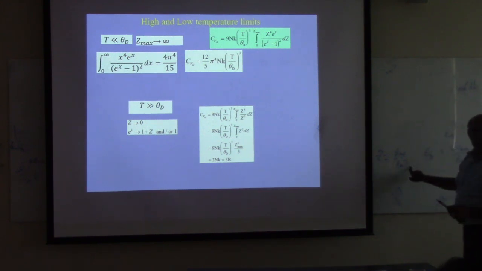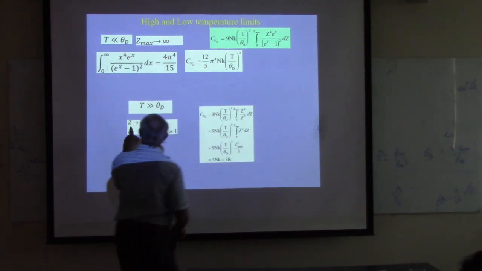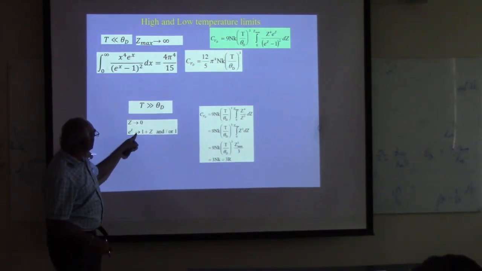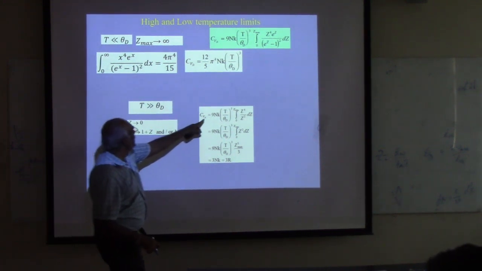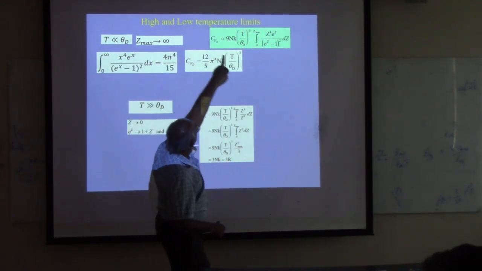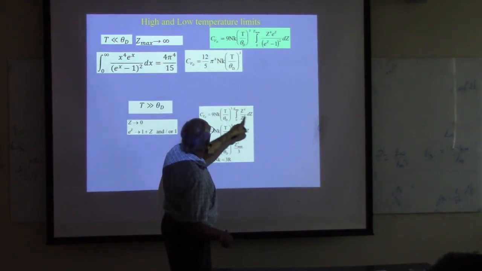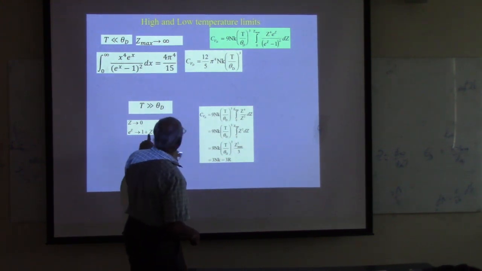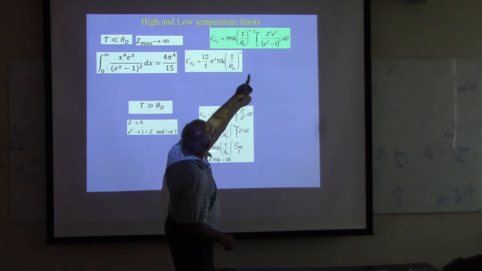Because T is in the denominator. That means you can assume x is going to 0, then e^x becomes 1 plus x, right? So then if you plug in here in that expression, 9k, this one, then you get e^x minus 1 is basically x, so x squared. You can see e^x also becomes very small.